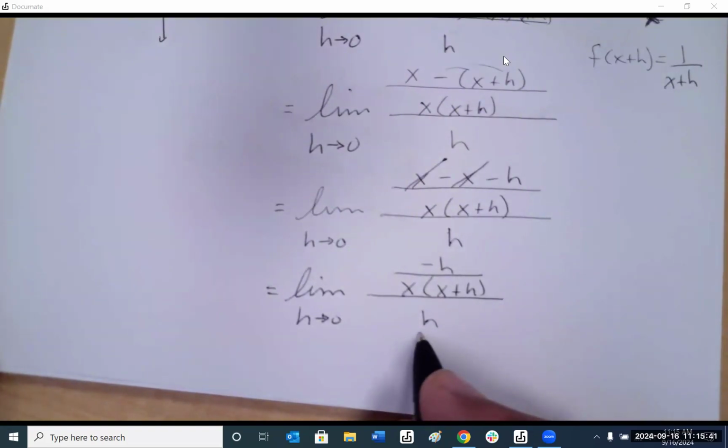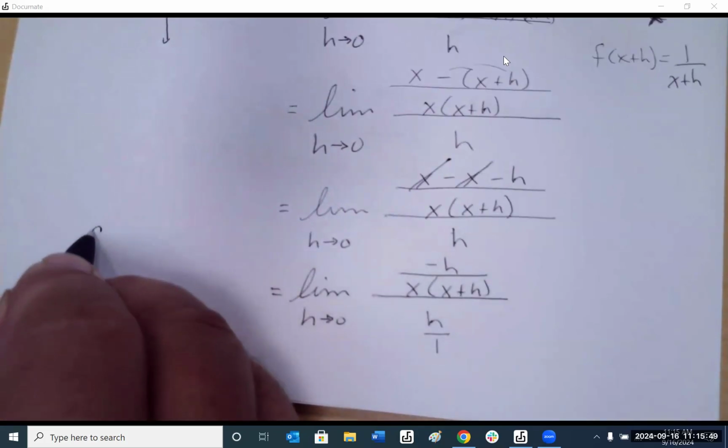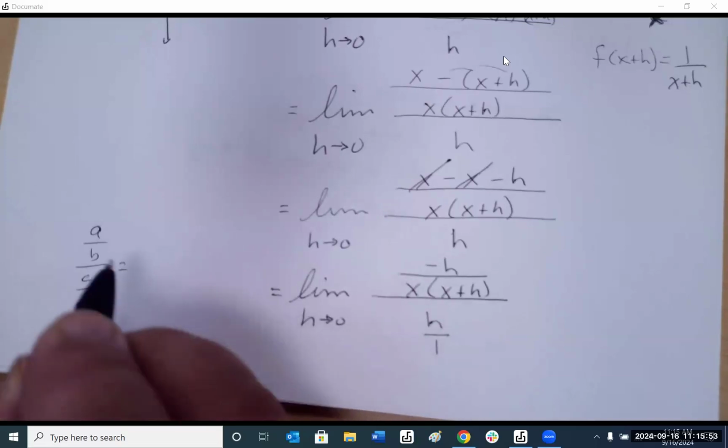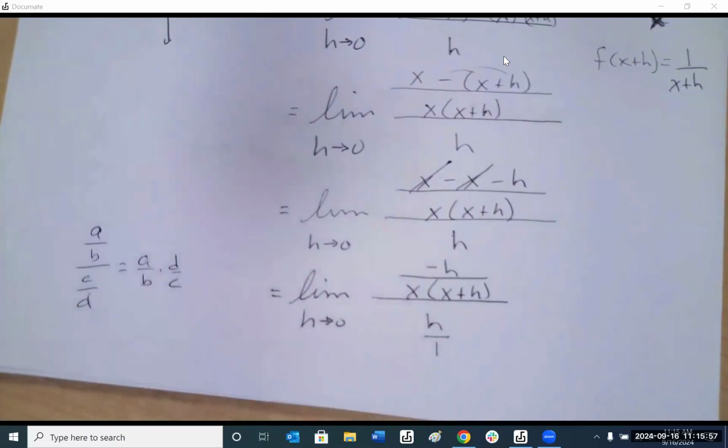Remember, the bottom here is h over 1. So we have a fraction over a fraction. Remember, whenever you have a fraction over a fraction, take the top fraction, leave it alone, flip the bottom, and multiply them together.